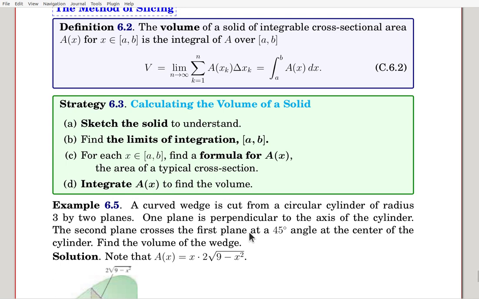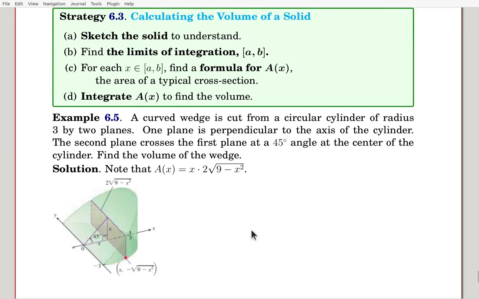Okay, let's look at this example. A curved wedge is cut from a circular cylinder of radius 3 by two planes. One plane is perpendicular to the axis of the cylinder, so that the cut over the bottom is perpendicular, and the second one is cut at a 45 degree angle at the center of the cylinder, so that we get a curved wedge.